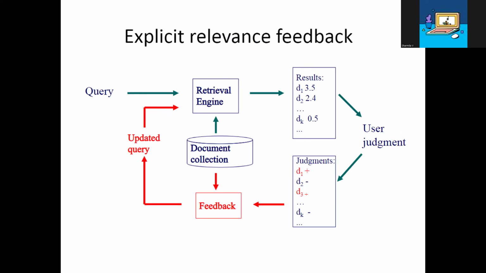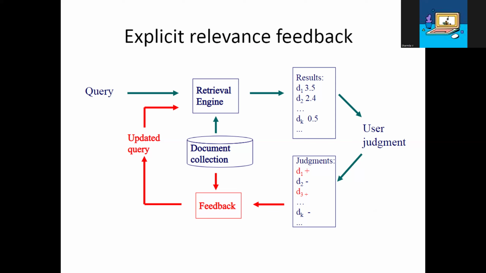An example for explicit relevance feedback: the query is given. The retrieval engine starts working to search for the results. When the results are given, the user gives a judgment. The feedback is taken from the user, and based on that feedback the query is updated.